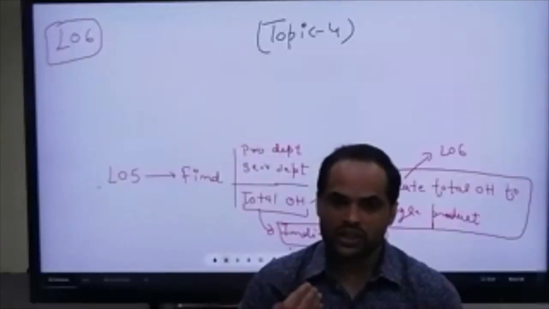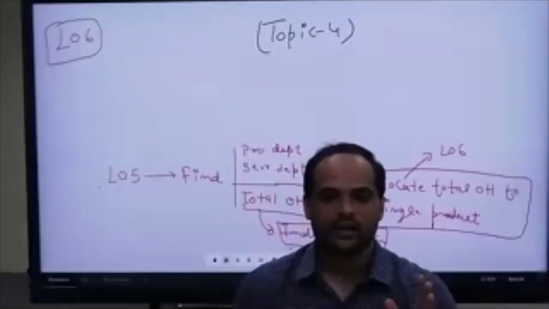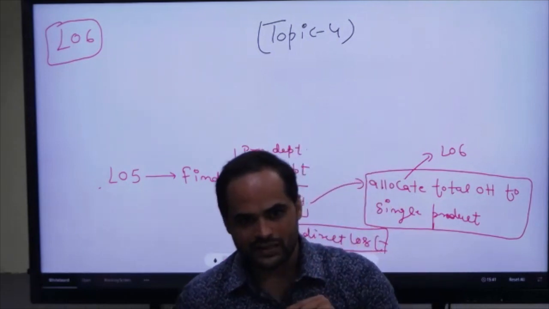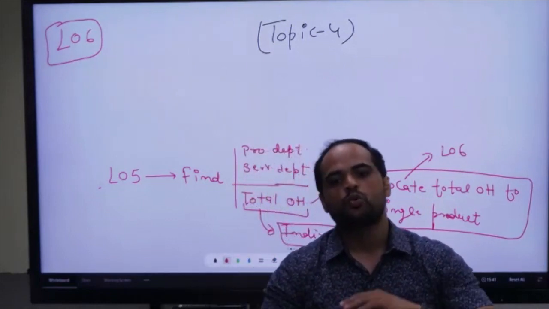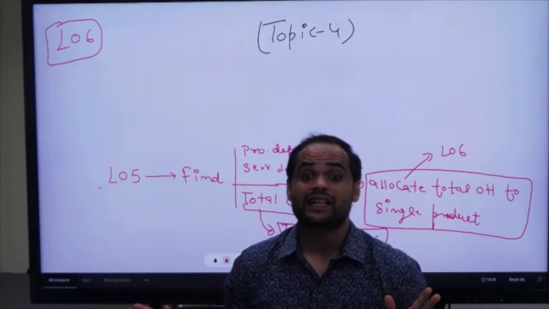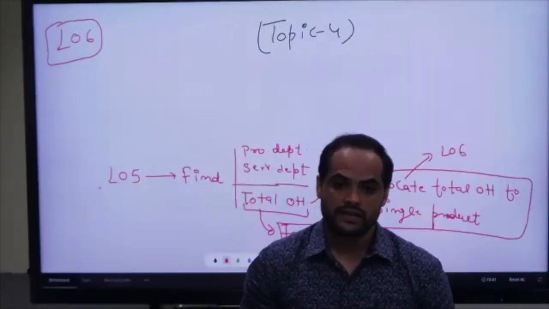So I will teach you these two methods, how we can calculate them, all right? And at the end of these two methods, you will understand the particular situations to apply each method, or which method is better, maybe traditional or ABC, right?